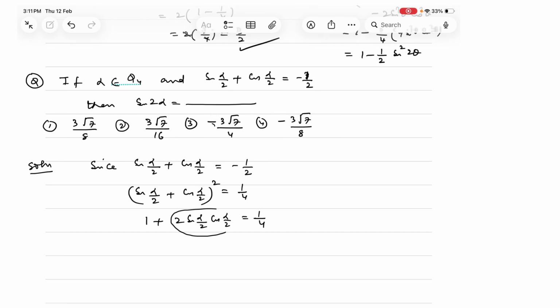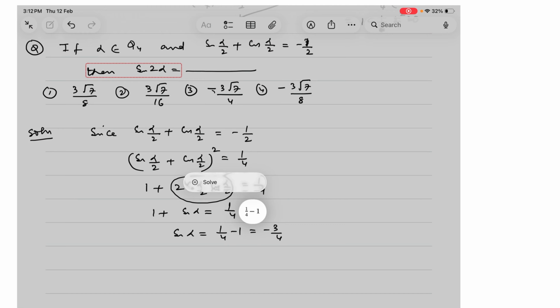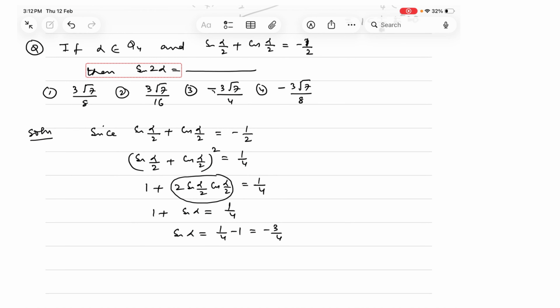But remember, 2 sine alpha by 2 cos alpha by 2 is the sine alpha formula. So it is 1 plus sine alpha equal to 1 by 4. Therefore, sine alpha will be equal to 1 by 4 minus 1, which becomes minus 3 by 4. Sine alpha is minus 3 by 4.